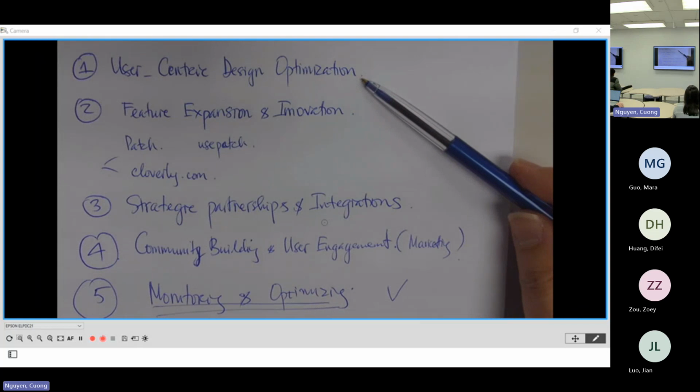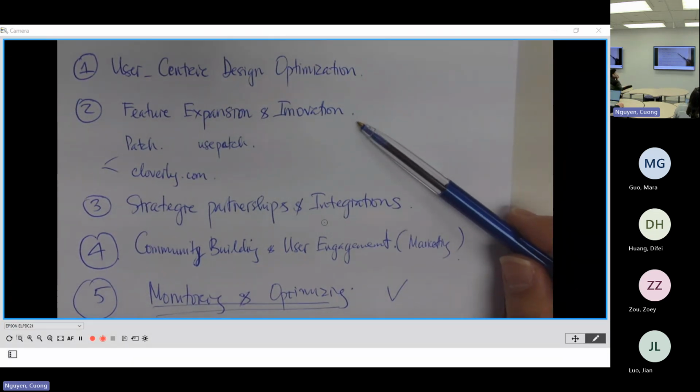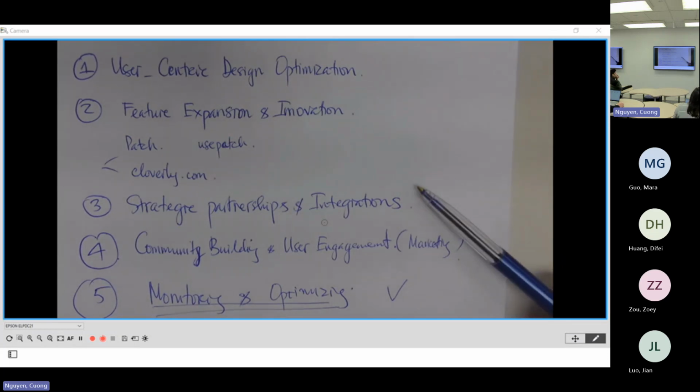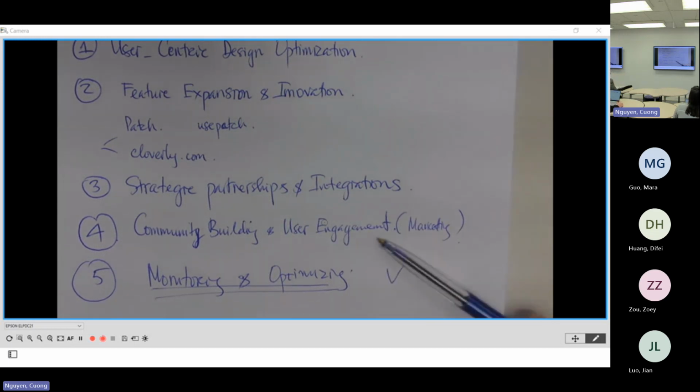Next one, design optimization. You want to continue with user research and market research in order to figure out the key things for new features, and then incorporate the new features into your current products. Next one, strategic partnership and integration, which is also very important, and community building, including marketing.